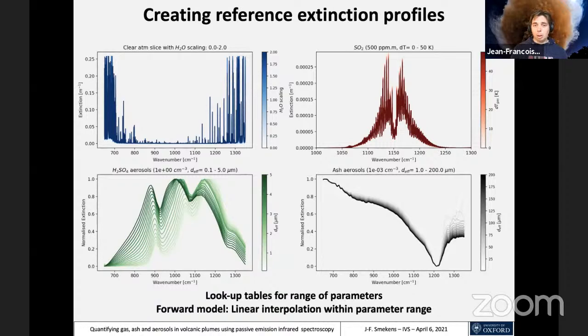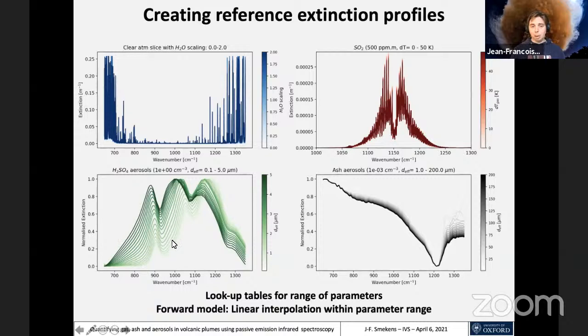And so if I can just draw your attention here to the bottom panels. What I've shown here, instead of absolute extinction, is just a normalized extinction to show you the variations in the shape of the profile over the wavelengths that we consider with regard to the size of the aerosol parameters. So the sizes here are a log normal distribution, and this effective diameter is just the center of that log normal distribution.